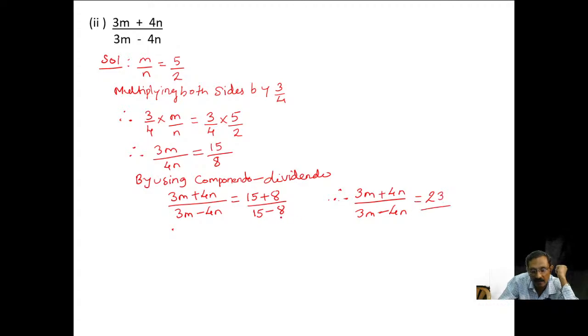And 15 minus 8 gives me how much? 7. So we saw that if a ratio is given, m upon n is equal to 5 upon 2, we multiply both sides by 3 upon 4, and we got 23 upon 7. So let's move on to our next slide.